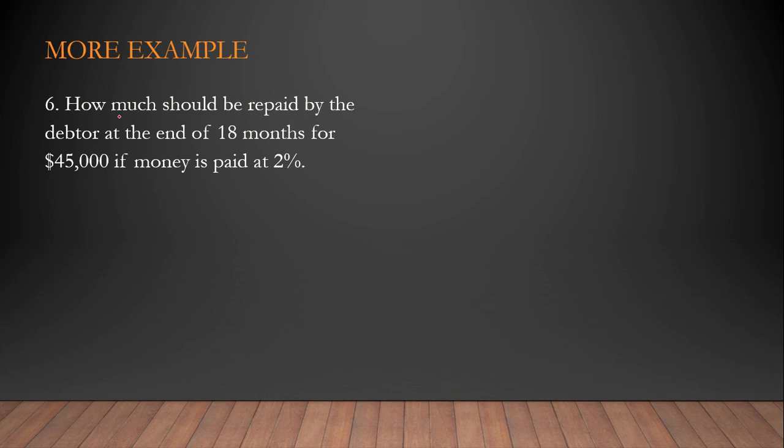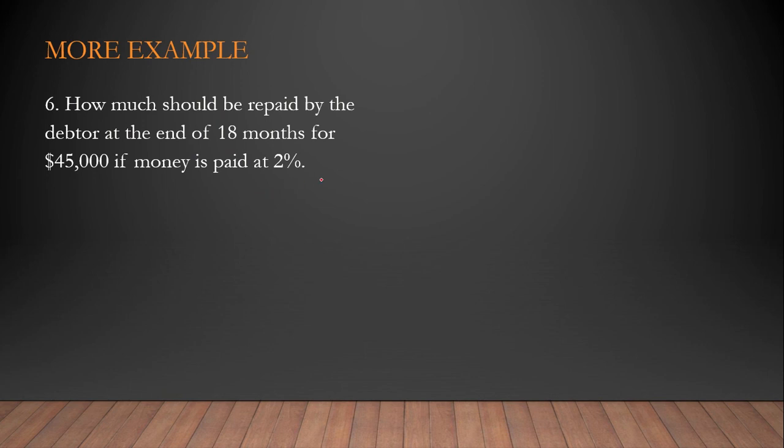Another. Number 6. How much should be repaid by the debtor at the end of 18 months for $45,000 if money is paid at 2%? So, ulitin yung tanong. Basahin ulit. How much should be repaid by the debtor at the end of 18 months for $45,000 if money is paid at 2%?